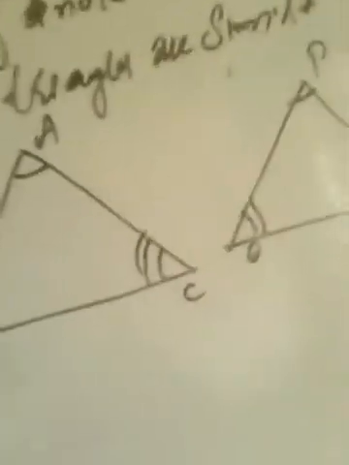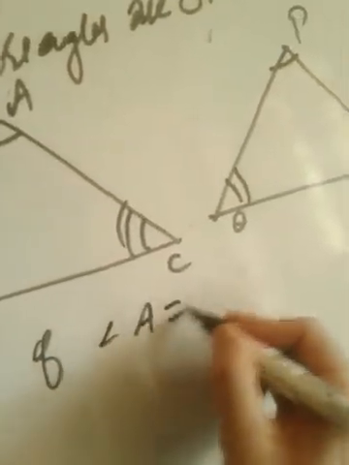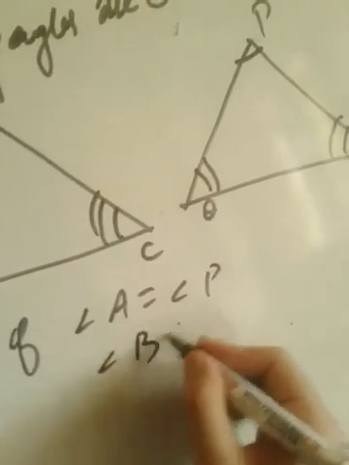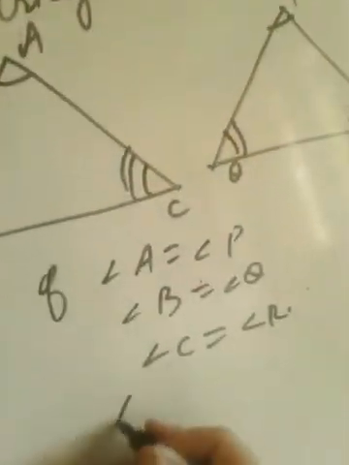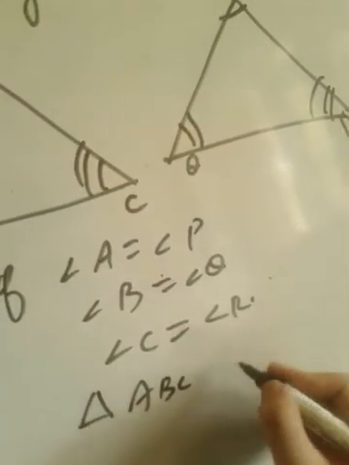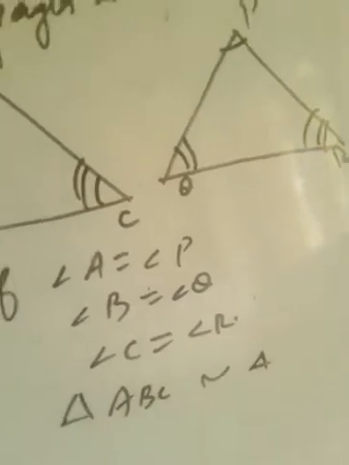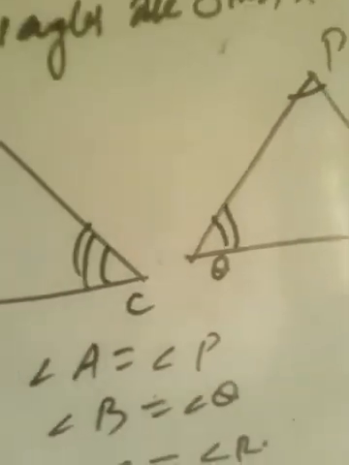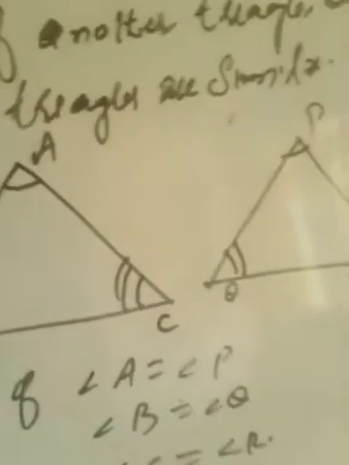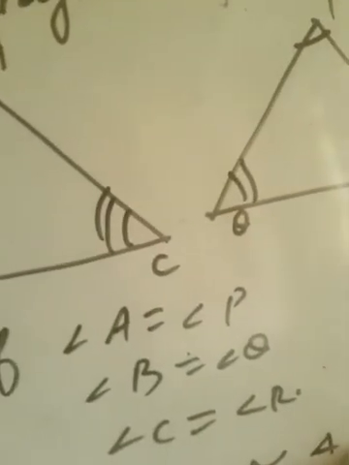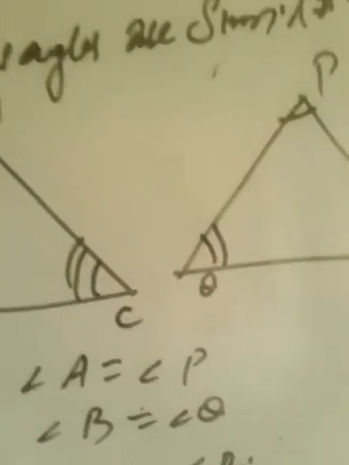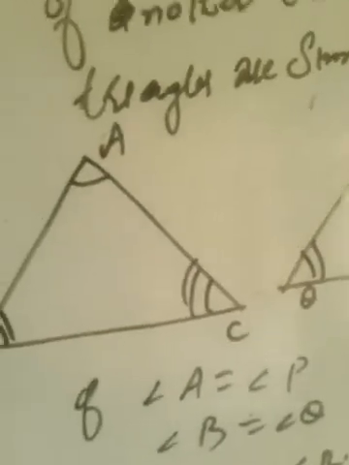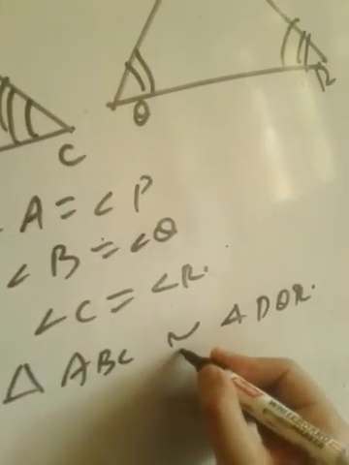So if angle A equals angle P, angle B equals angle Q, and angle C equals angle R, then according to this AAA similarity, triangle ABC is similar to triangle PQR.